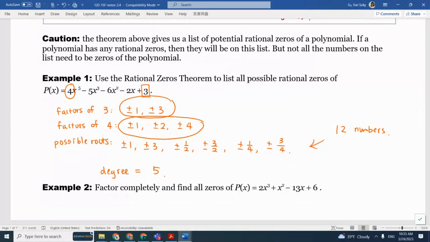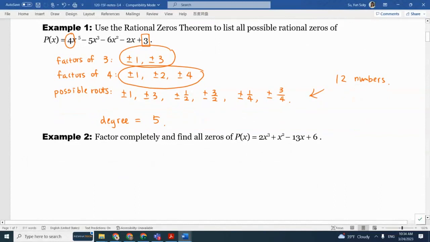So not all of them are roots of the polynomial. At most 5 of them are. In reality, maybe your roots are complex numbers or irrational numbers, so the number of rational roots may be less than 5. But the theorem says if we have a rational root, then it must be from this list. So this is how we get the rational roots.